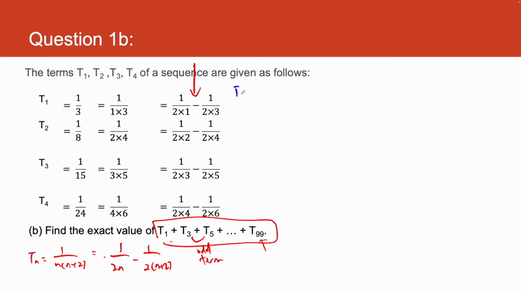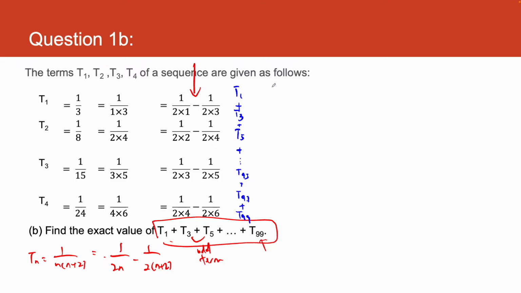In this case, I will write out this part of the equation. It's supposed to be T1, T3, T5, plus dot dot dot. We also write down the last 3 terms, so it's T95 plus T97 plus T99.